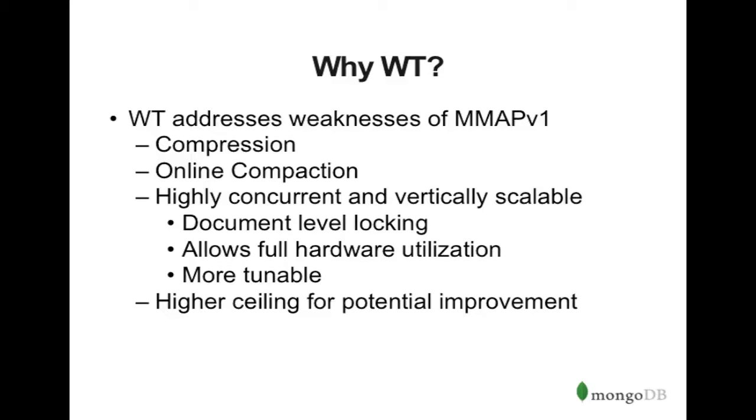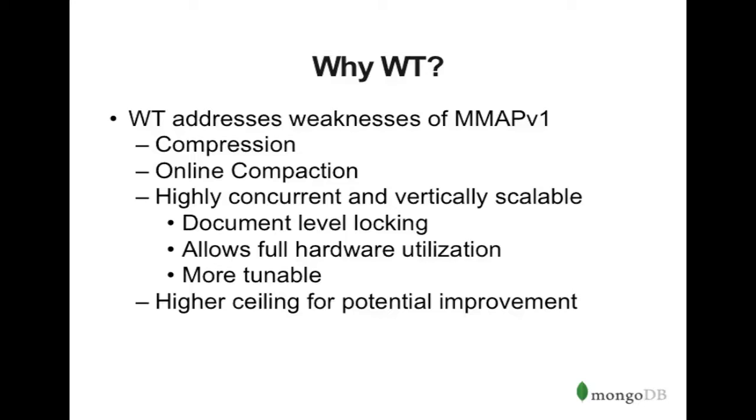Another perceived weakness would be the locking model. In mmap v0, which was basically the 2.6, 2.4, 2.2 branches, all of our previous storage engines up until this 3.0 release had database level locking up until 2.2, and then prior to that it was a global lock.